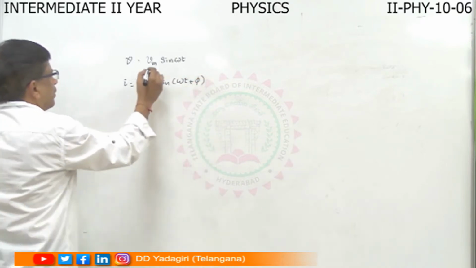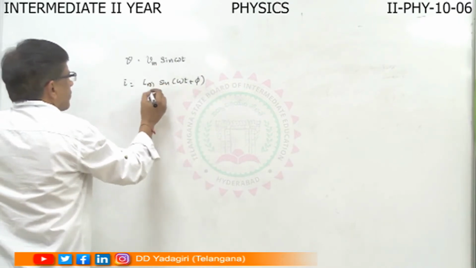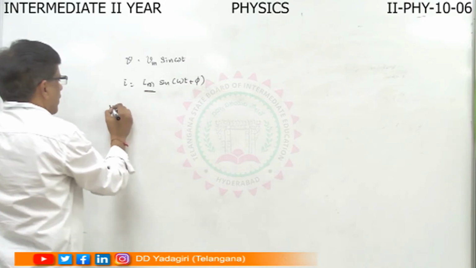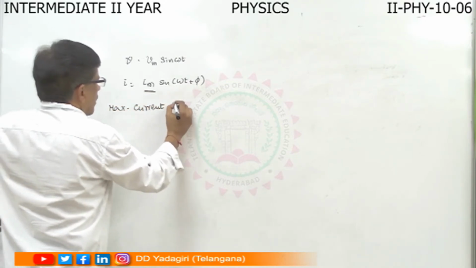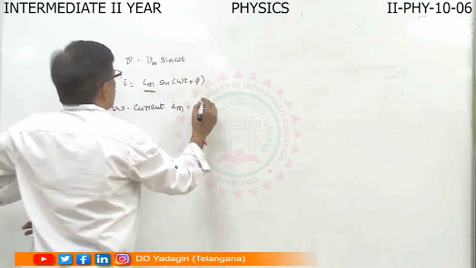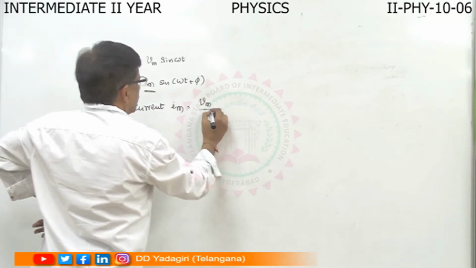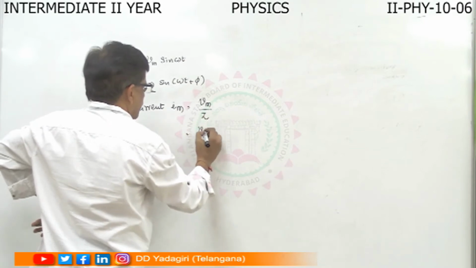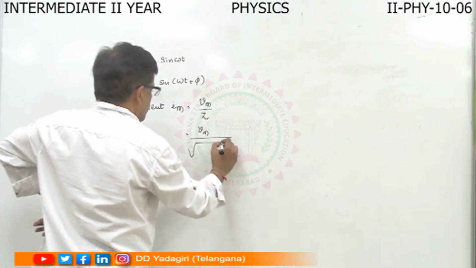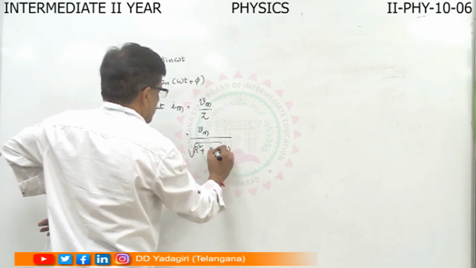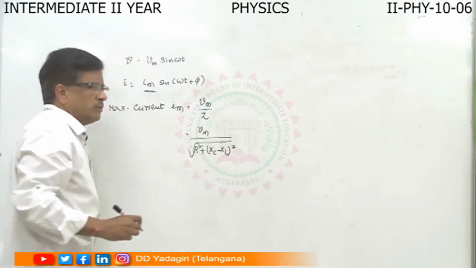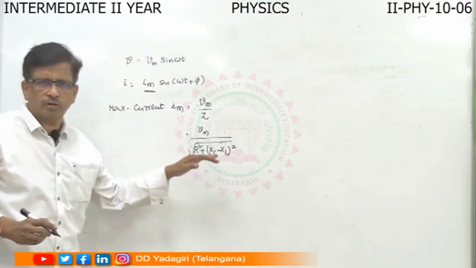And here we got the maximum current value Im as Vm by Z, that is nothing but Vm by root of R square plus (XL minus XC) whole square. This is what we studied in an LCR circuit.